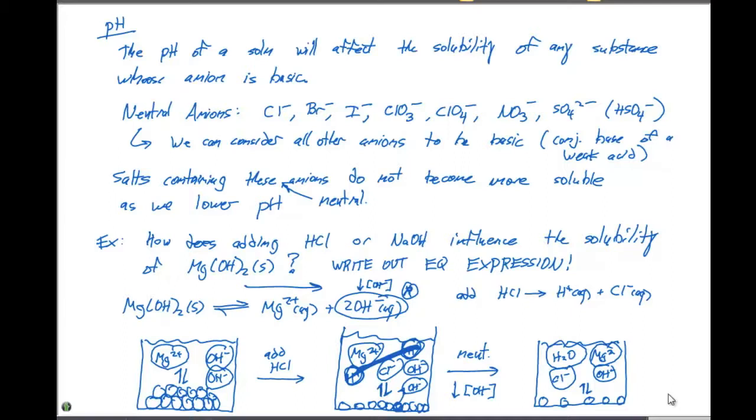If we summarize all this into a statement, it's the statement that you typically see in your textbook or your lab manual.